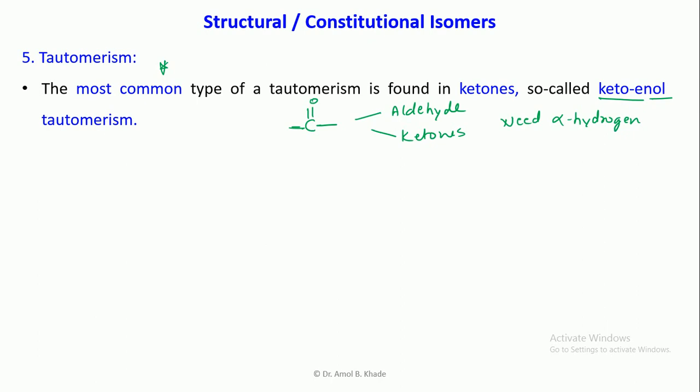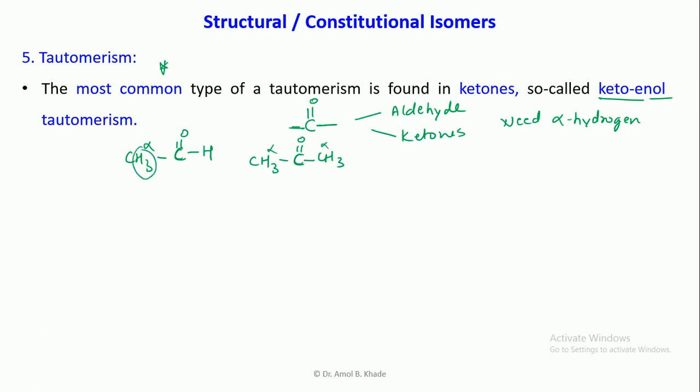Okay, now what does it mean? Let's say I am writing CH3CHO, the aldehyde, and then I can write CH3C double bond O CH3, the ketone. In this case, the alpha carbon to this carbonyl carbon is this one. In the ketone both are alpha carbons.